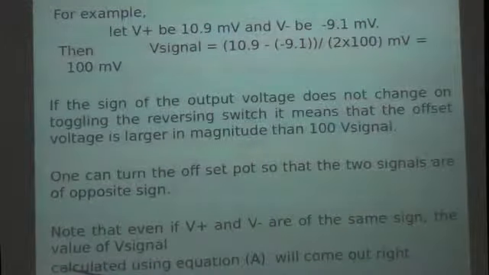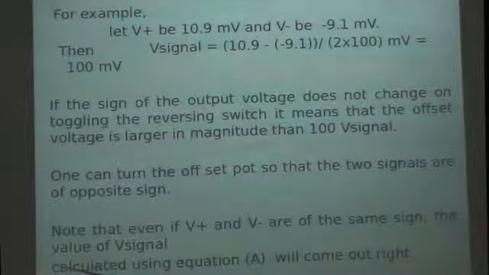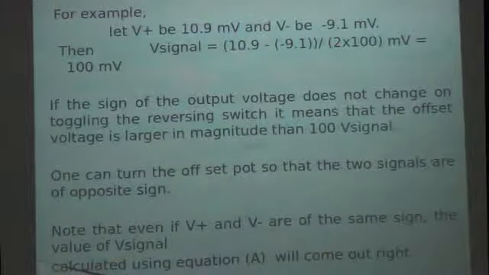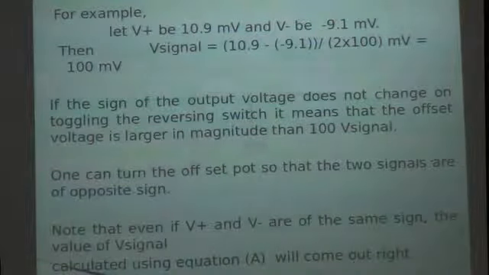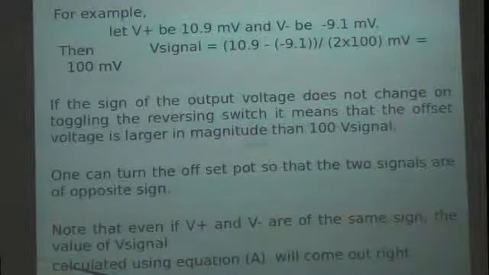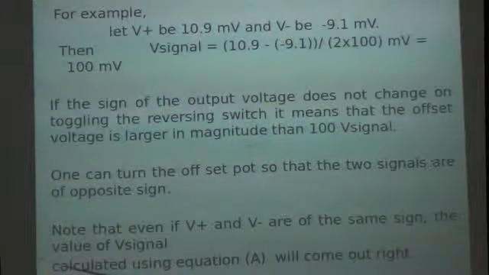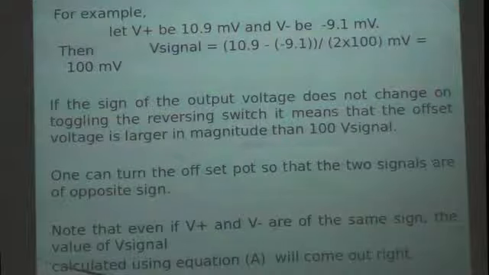That is what I told you. One can turn the offset knob so that the two signals are of opposite sign. In the beginning itself, you can play with the offset knob so that on one side the signal is positive and on the other side negative. That will take care of many things.